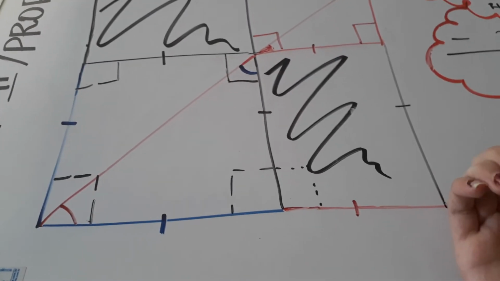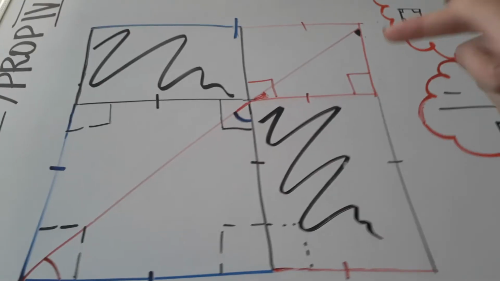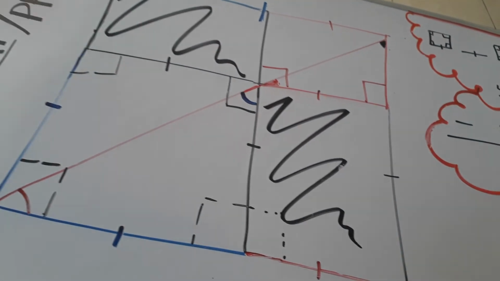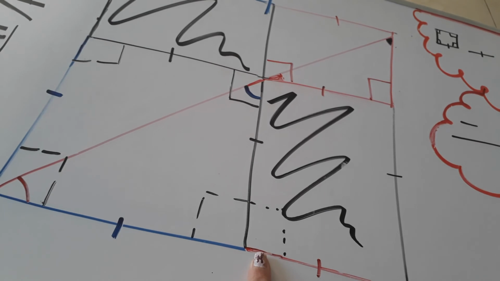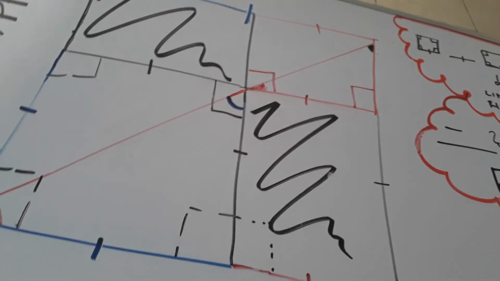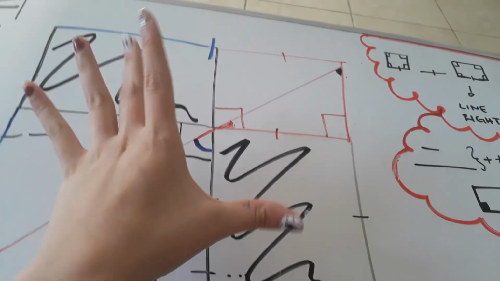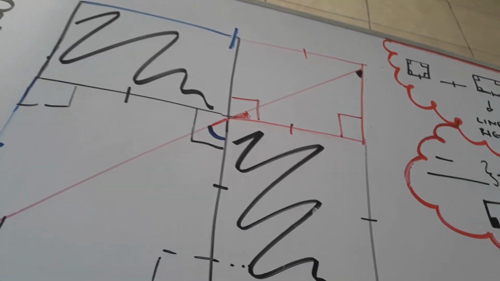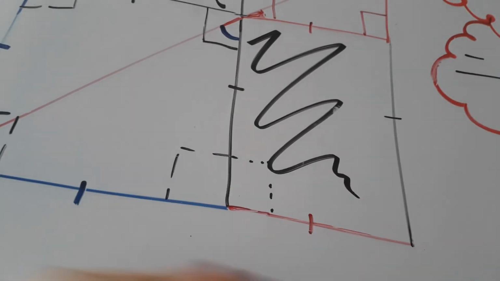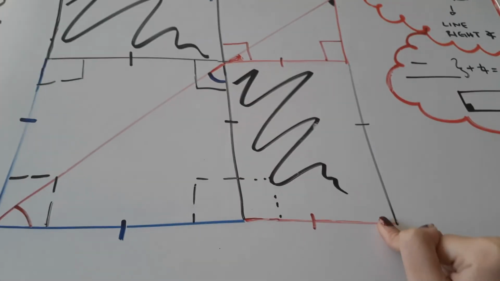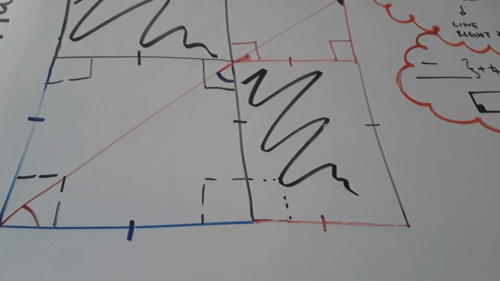What we wanted to prove in the beginning was that the whole square on this straight line is equal to the square on the first segment and the square on the second segment, and also that the two rectangles contained by this straight line are equal to the whole square on this initial given straight line.